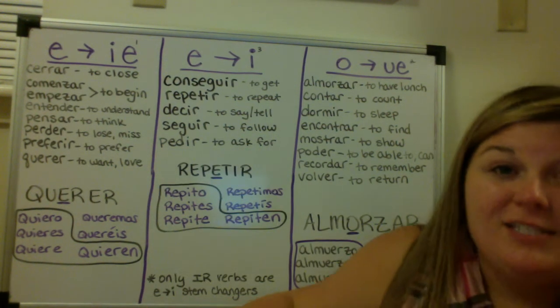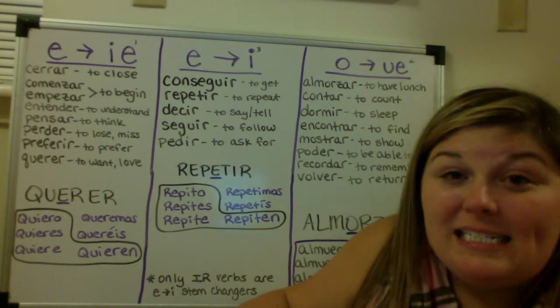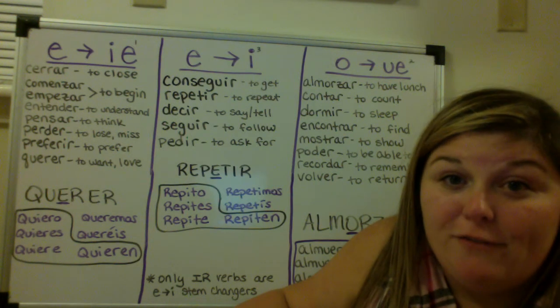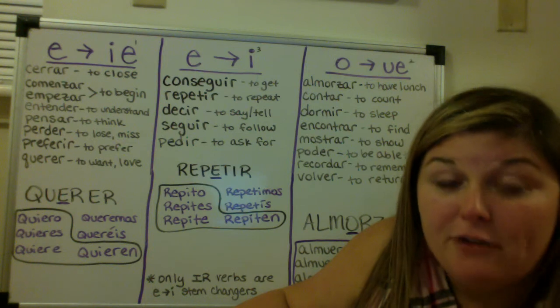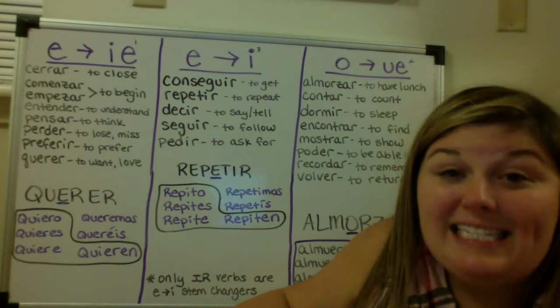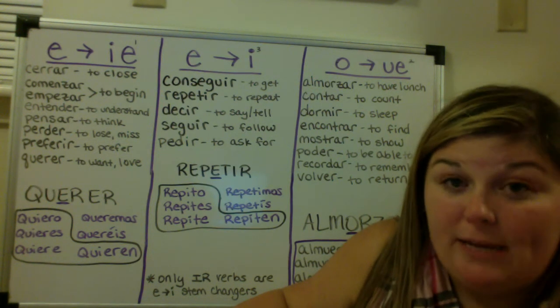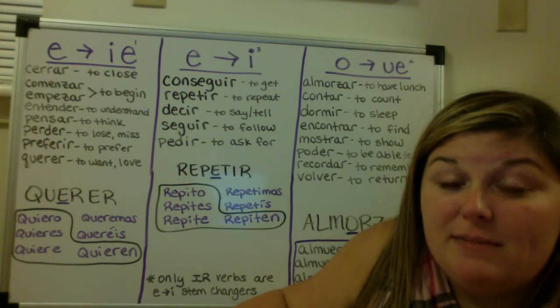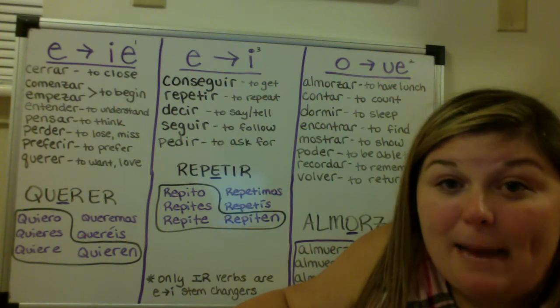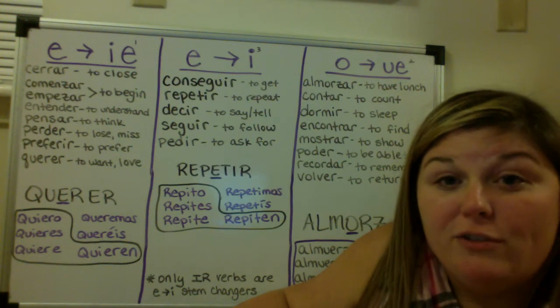All right, so a quick recap. Stem changing verbs are verbs whose stem vowel changes either from E to IE, E to I, or O to UE. And the stem vowel that changes is going to be the vowel closest to the end of the stem. The reason that this happens in Spanish is because of its evolution from Latin.